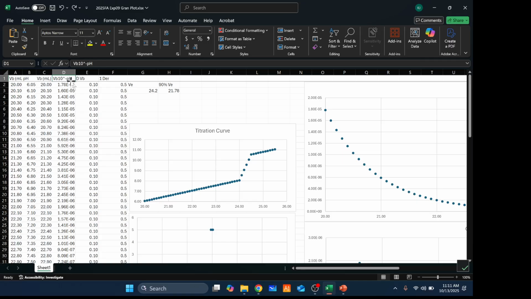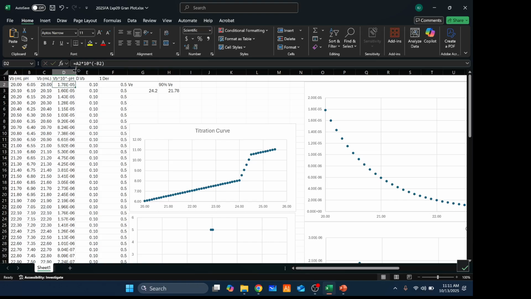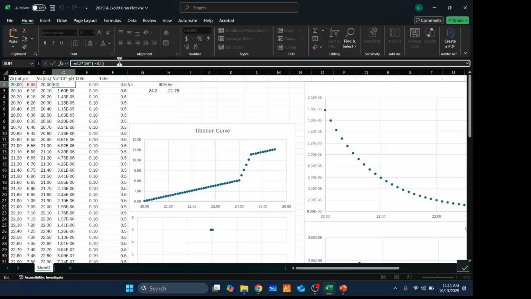I labeled this again to what I'm doing, and so I'm taking VB, and I'm multiplying it by 10 to the negative pH. See? I use the hat character to denote that I'm doing the power of, right? And then I put that formula in here. I took VB here, times VB, and then it's 10 to the power of.